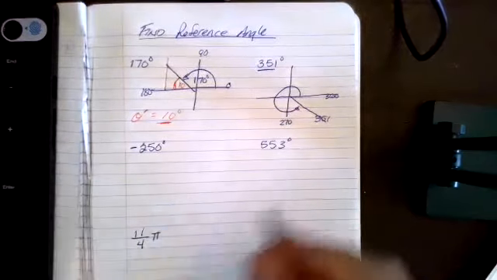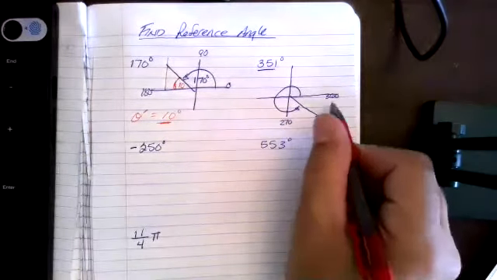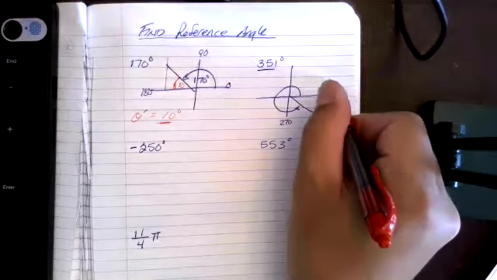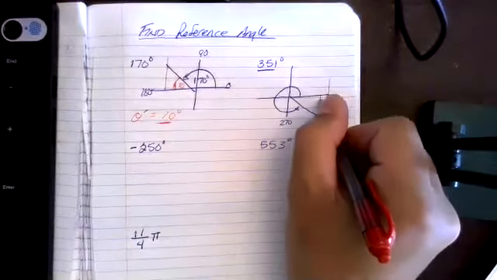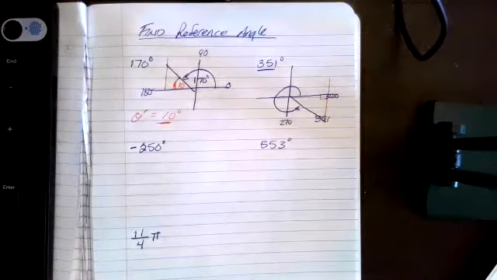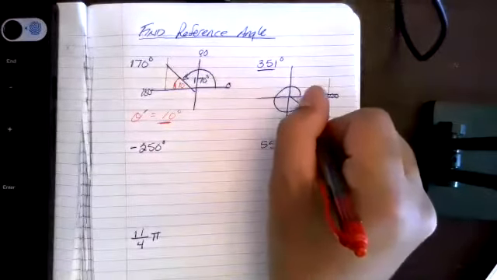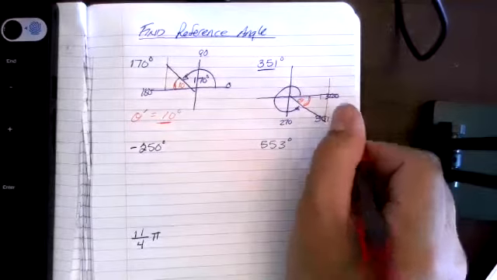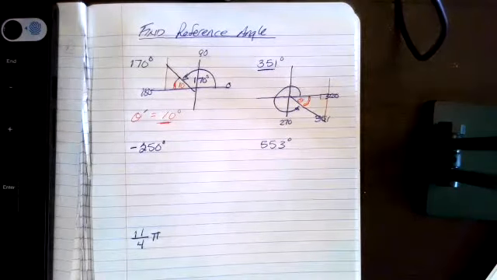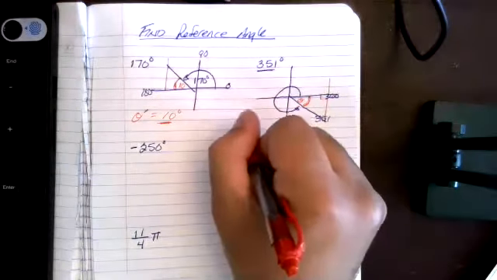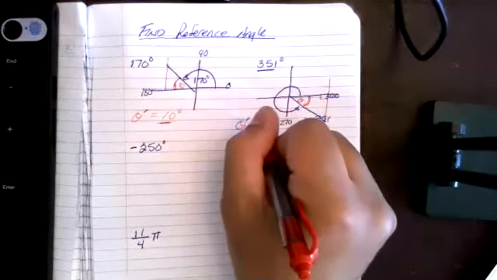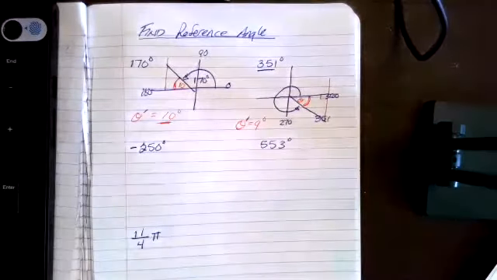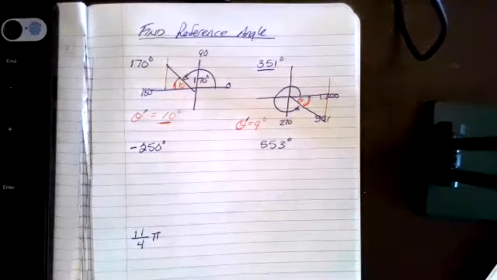So I know it's in the fourth quadrant because it's between 270 and 360. I create a reference triangle. I'm looking for this angle in here. From 351 to 360 is 9 degrees, I believe. That seem right? I think we're good.